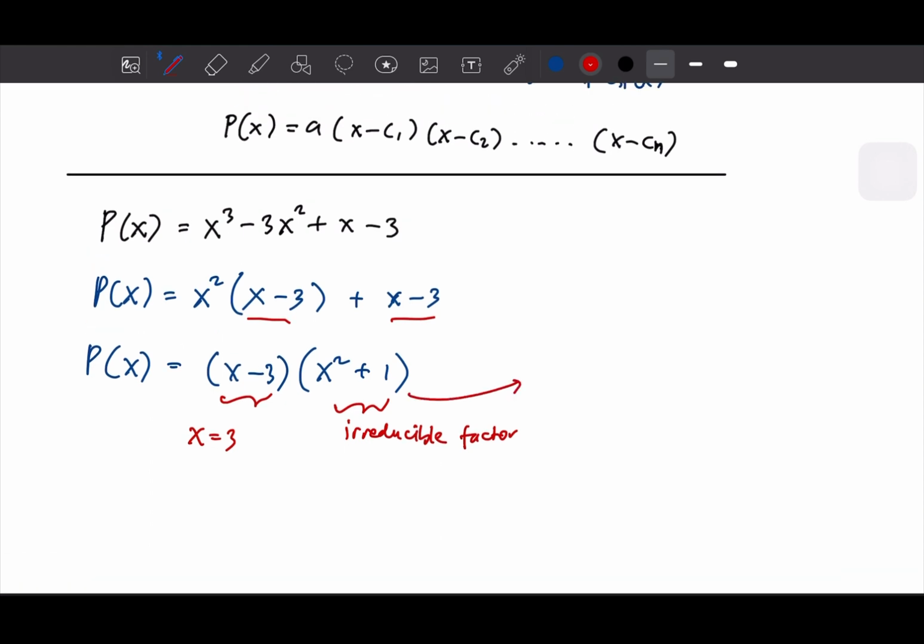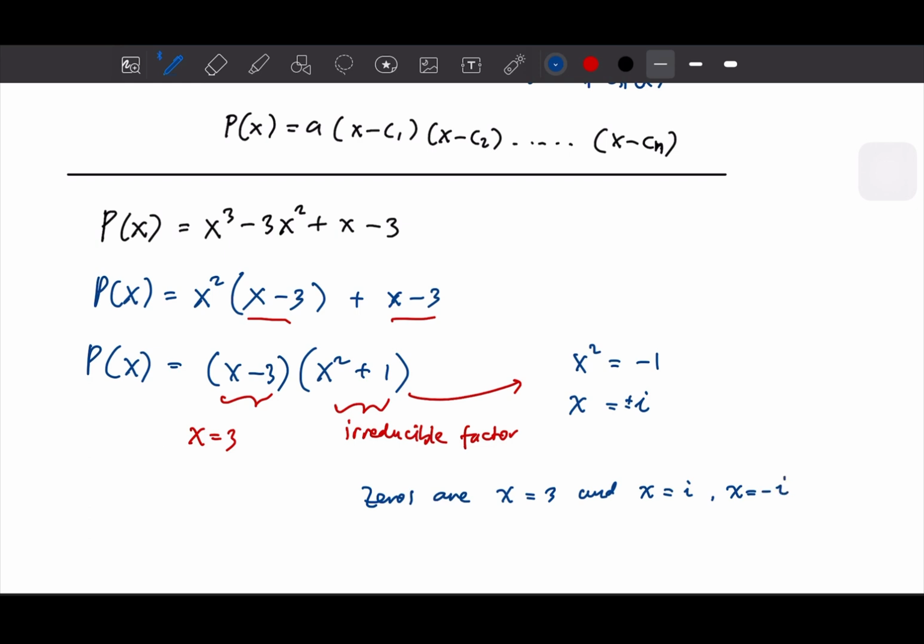When we set this equal to 0, x squared equals negative 1, and of course this is the definition of the imaginary number, plus or minus i. So the zeros are x equal 3, and x equal positive imaginary and negative imaginary.